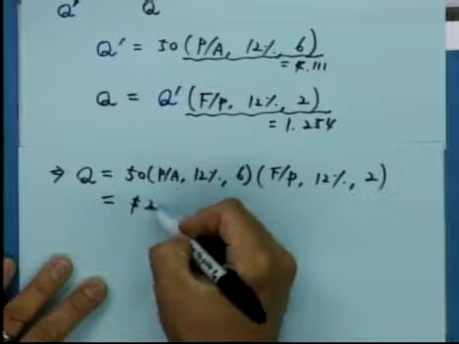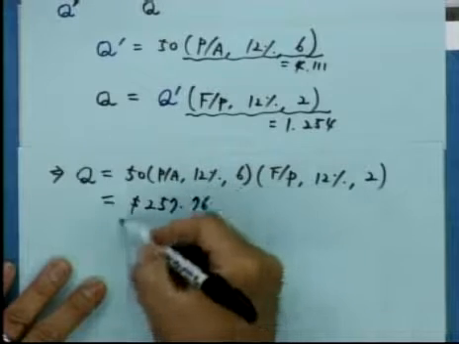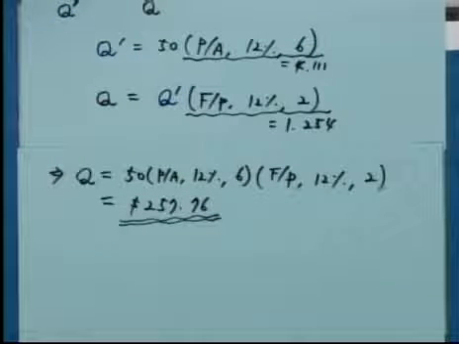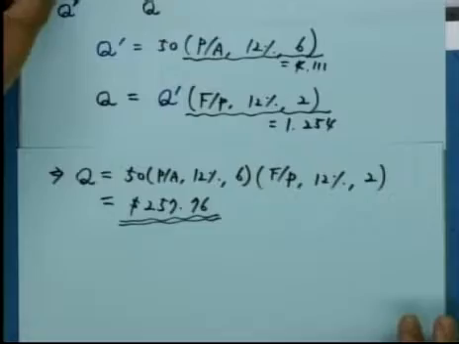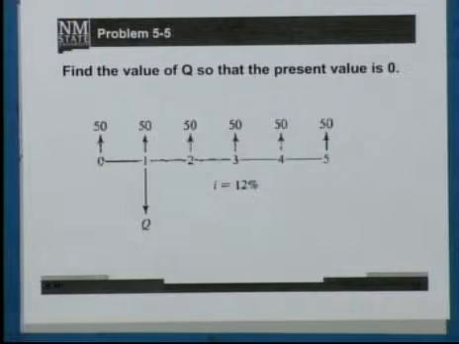It's $257.76. Okay, that is the value of Q in this cash flow diagram. Okay.